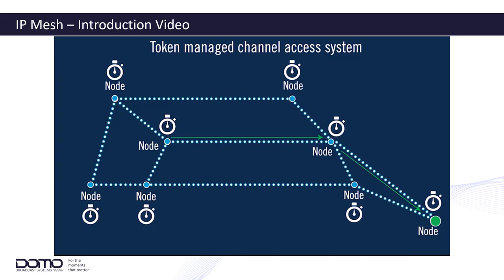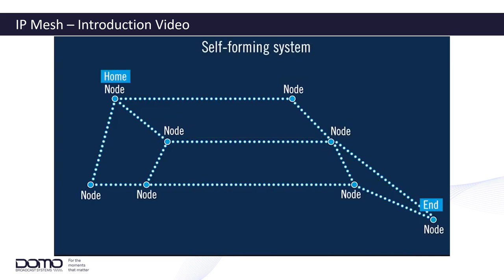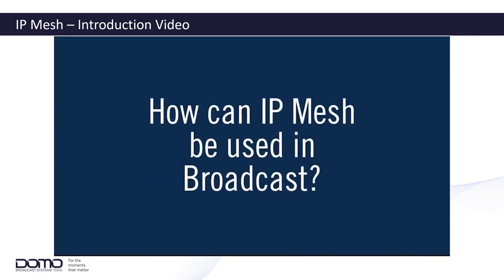IP mesh constantly readjusts itself as nodes move, working out which are in range and finding the best route to send data. When one node can no longer operate, the rest of the nodes can still communicate with each other. How is this technology applied to broadcast?